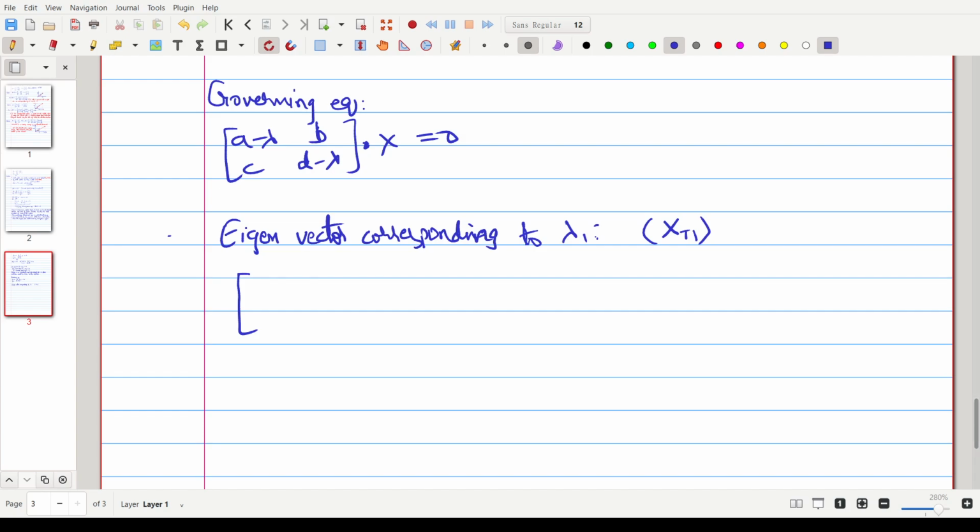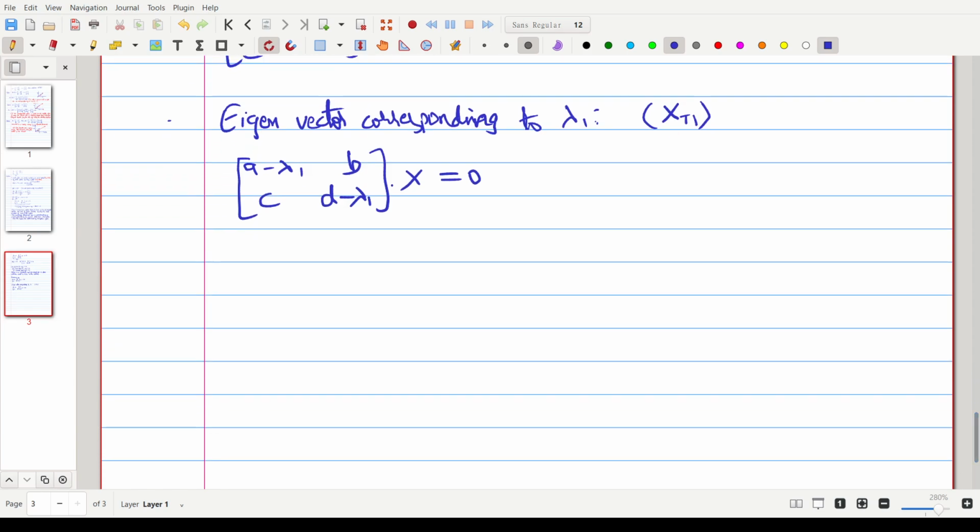We first substitute: A minus lambda 1, B, C, D minus lambda 1 times the x equals 0, and let's call this A lambda 1.